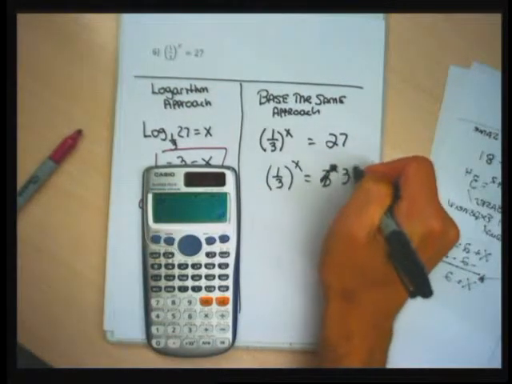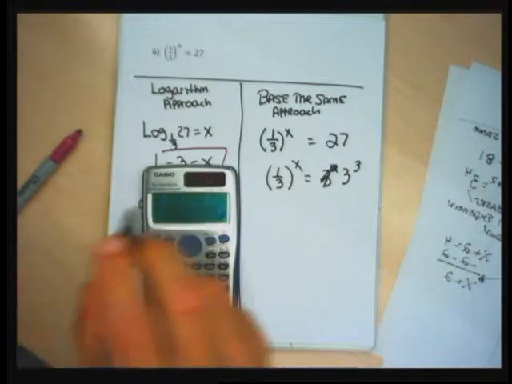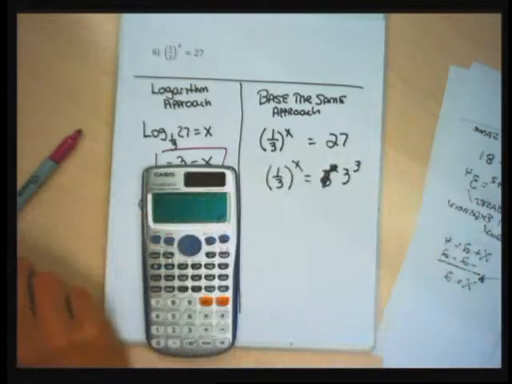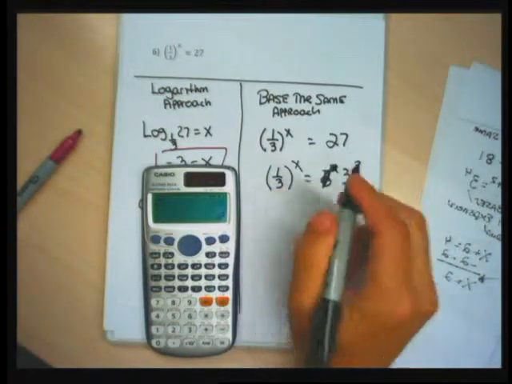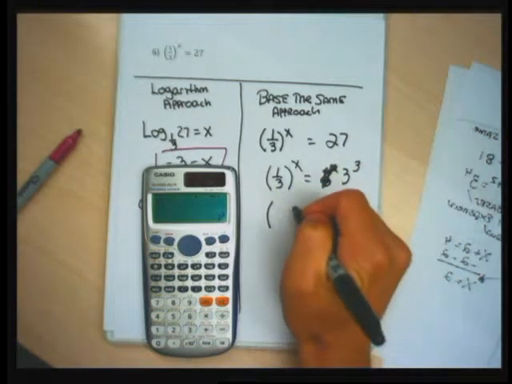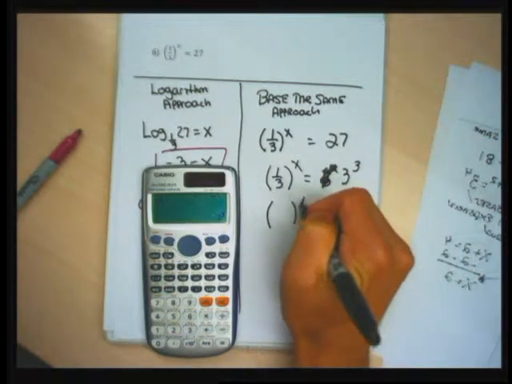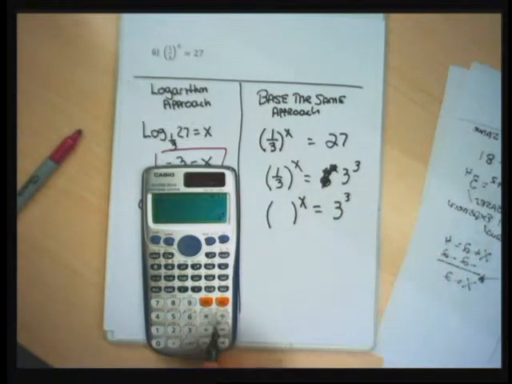I can't drop the bases because they're not the same. So somehow I need to get the bases the same, and this requires being ultra clever. I'll show you the cleverness. And again, those of you going on to calculus need to be this clever at some point in your career to get a high grade in calculus.